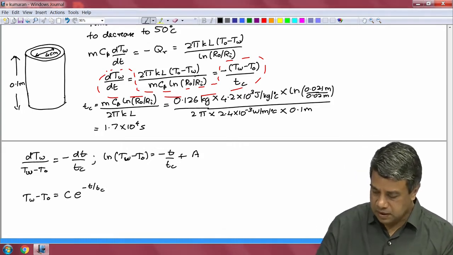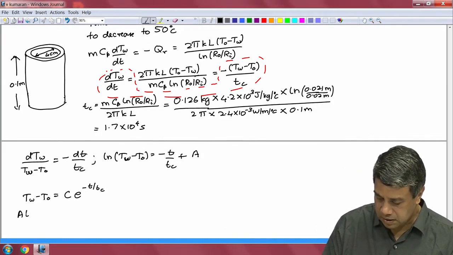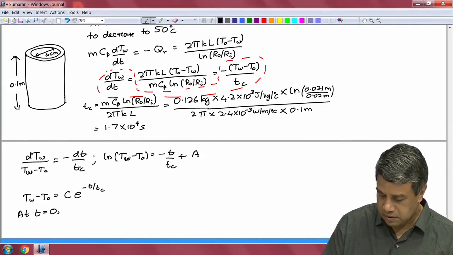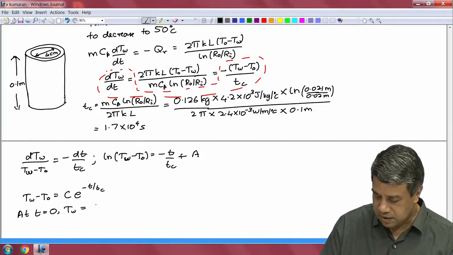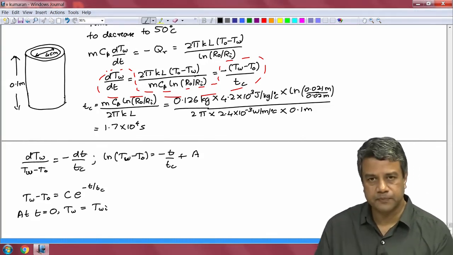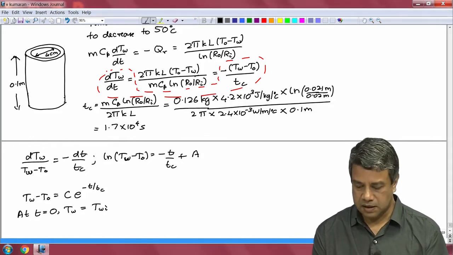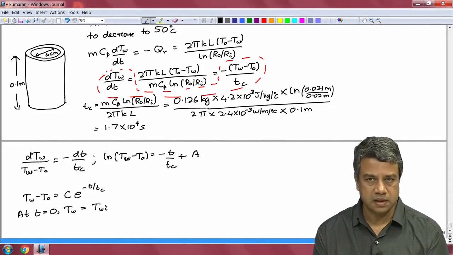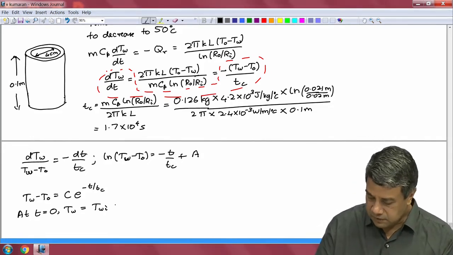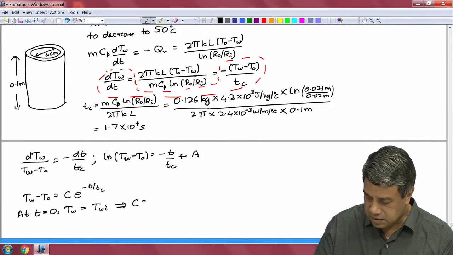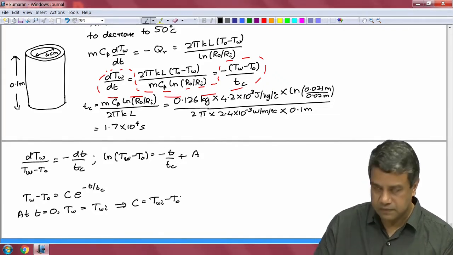And we know that at the initial condition, at t equal to 0, the water temperature is the initial water temperature, and therefore that implies that the constant is equal to the initial water temperature minus the outer temperature.